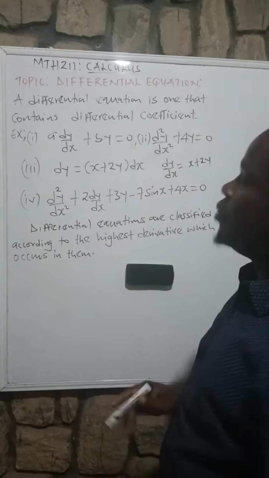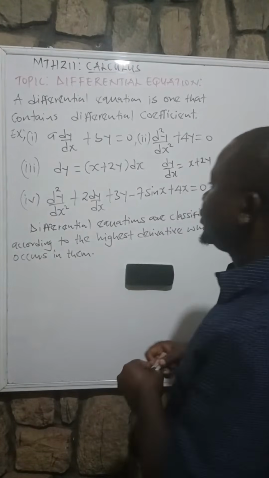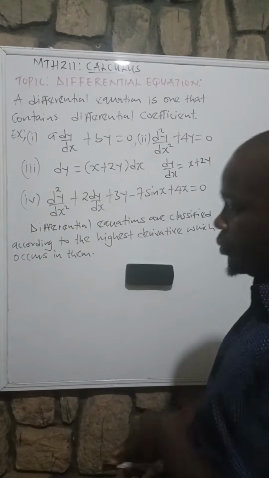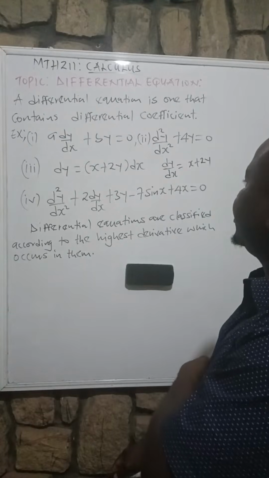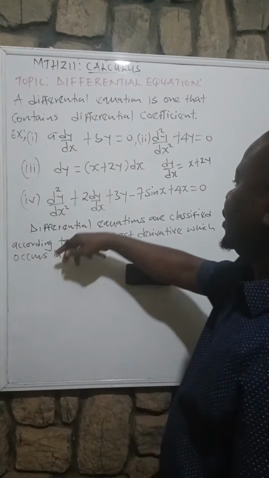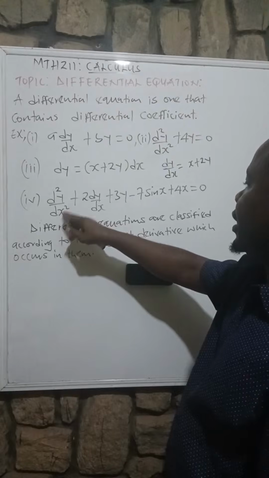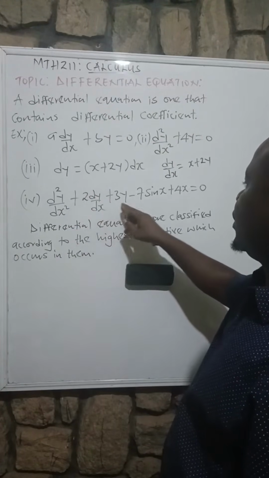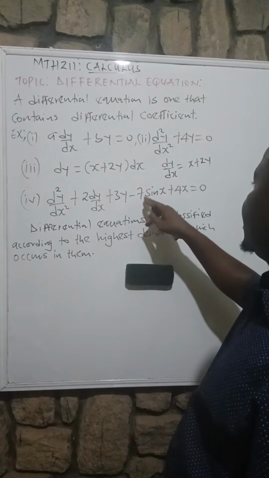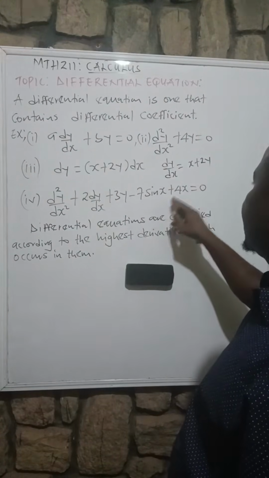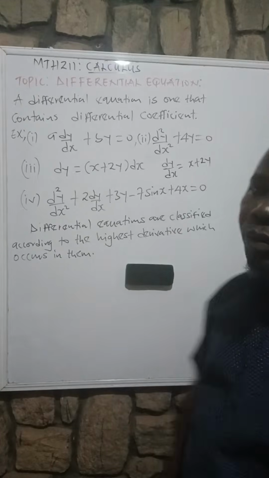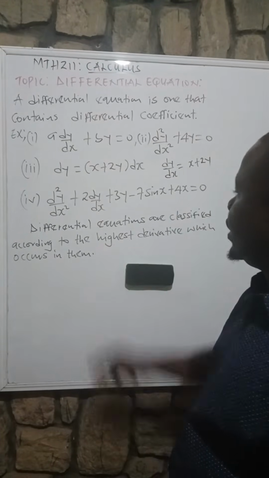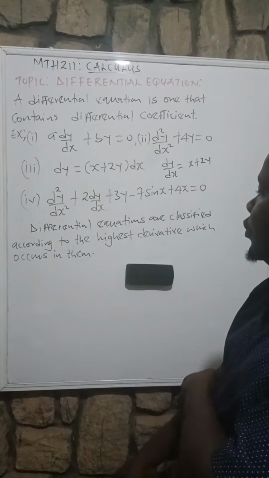Sometimes you might see some differential equation in this form. Are you following? Is that clear? Then IV, d square y over dx square plus 2 dy over dx plus 3y minus 7 sine x plus 4x equals to 0 is a differential equation.